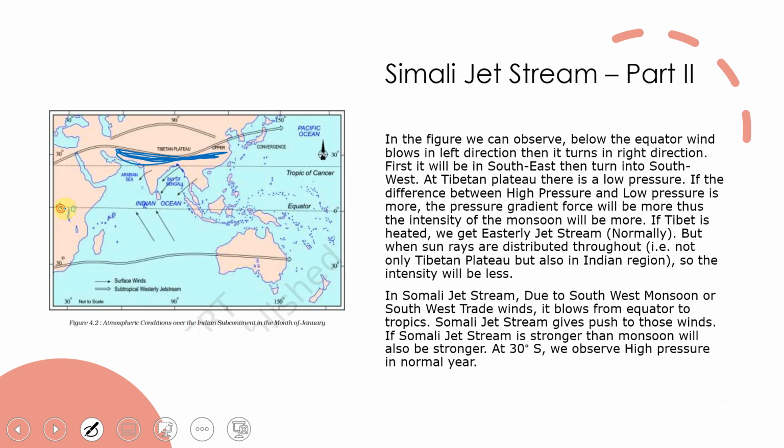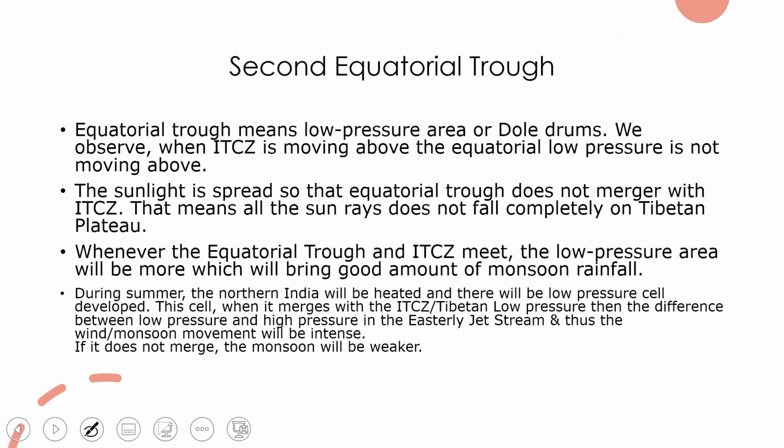Earlier the ITCZ was present here, but now, with the shifting of the sun rays due to the rotation and revolution of the earth, you will get sun rays at 23.5 degrees. Now your ITCZ will be around here, and this hitting will be so intense that it sometimes crosses the Himalayas and hits the Tibetan plateau.